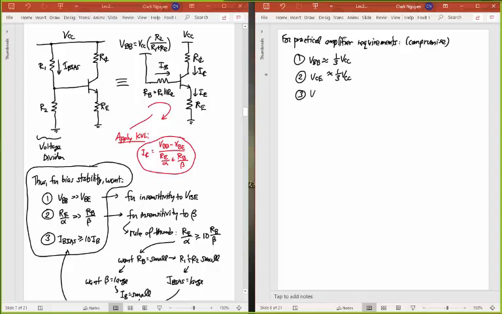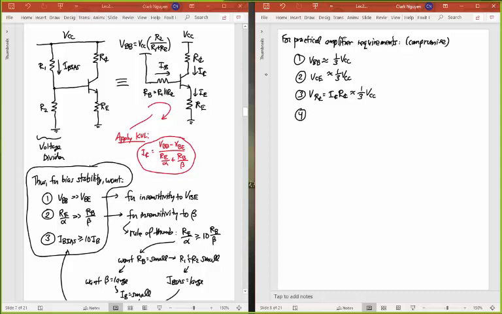Let's make the voltage drop across RC, the RC resistor, which is going to be equal to the collector current times that RC value, let's make that about equal to 1/3 VCC.